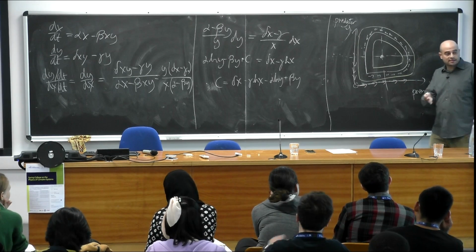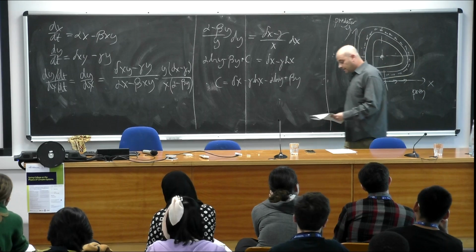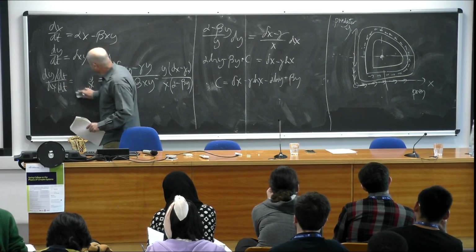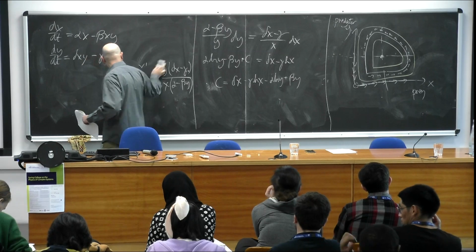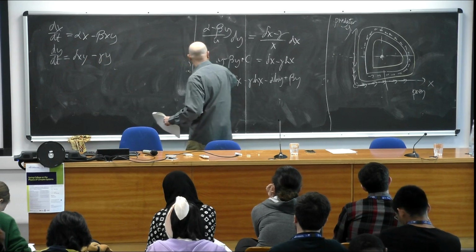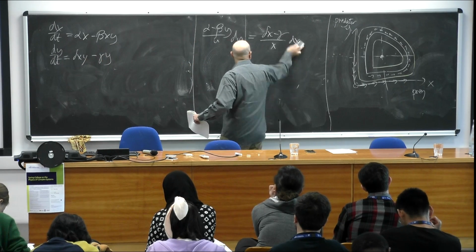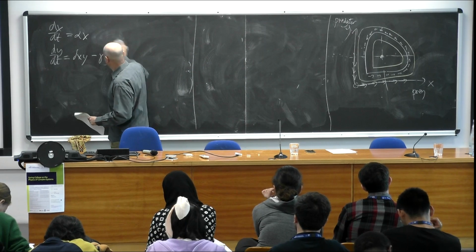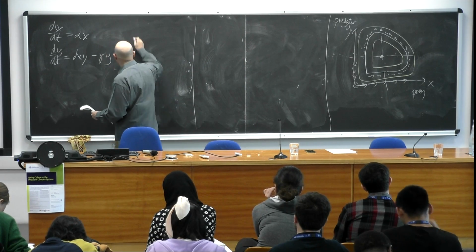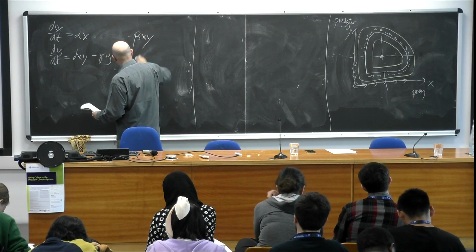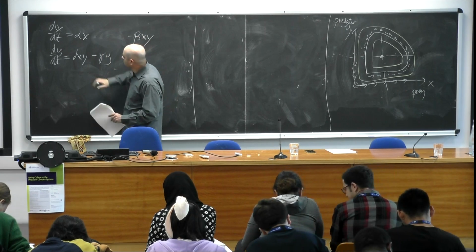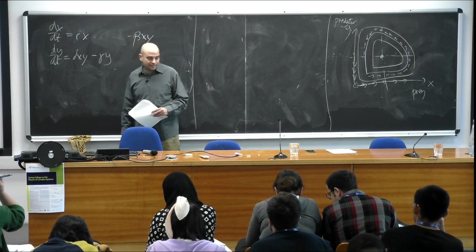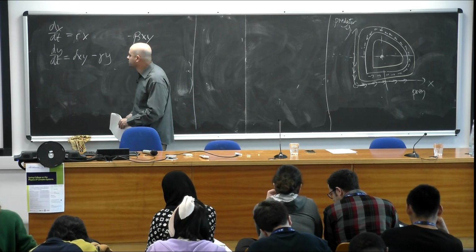So let's fix it. Let's add in a logistic term. We take this, we shift this to the right a little bit. And now convention has it that one puts an r here instead of an alpha, so I'll go with the convention.